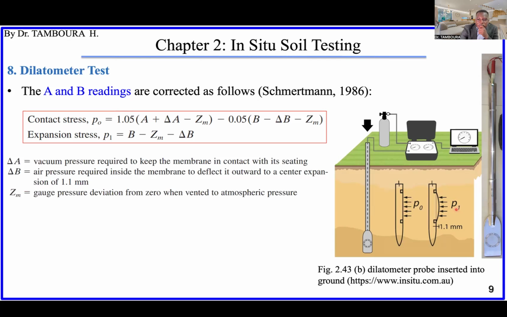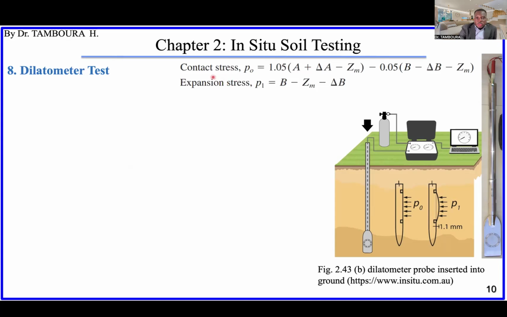So if you have then P0 and P1, and I said in some books you will see P1 and P2, but it doesn't matter, it's the same. Okay, I will put this here.